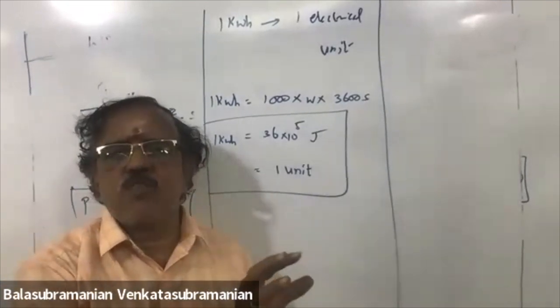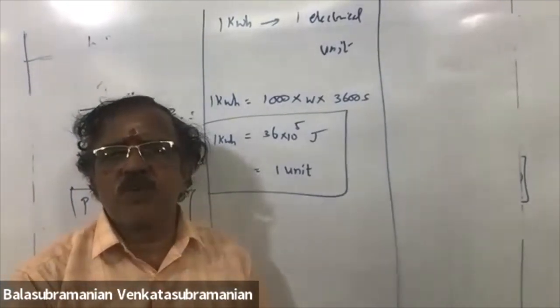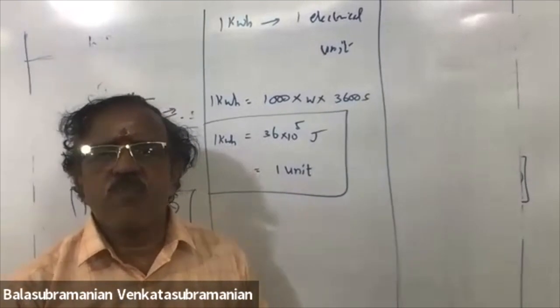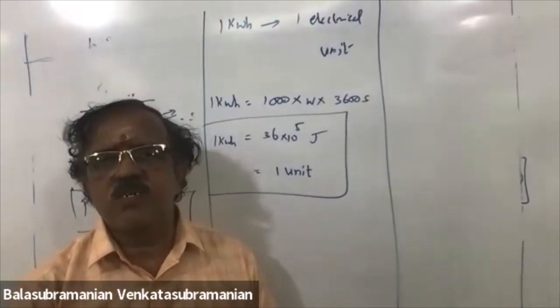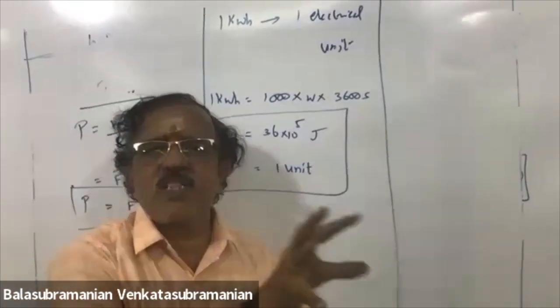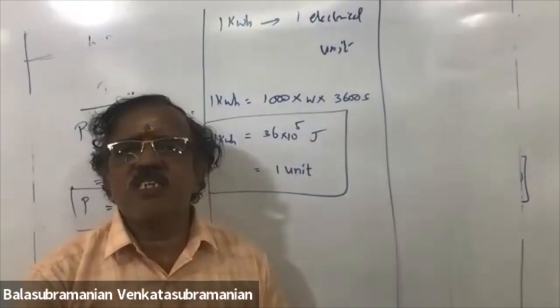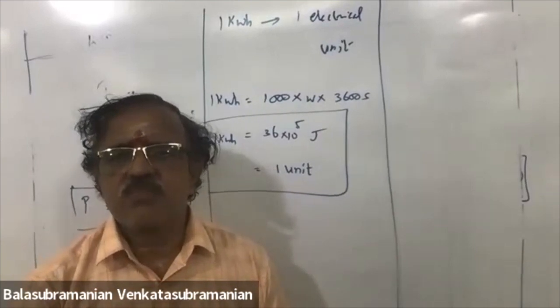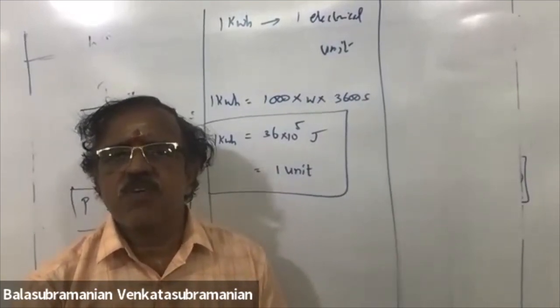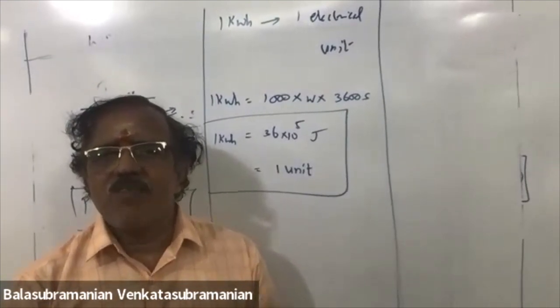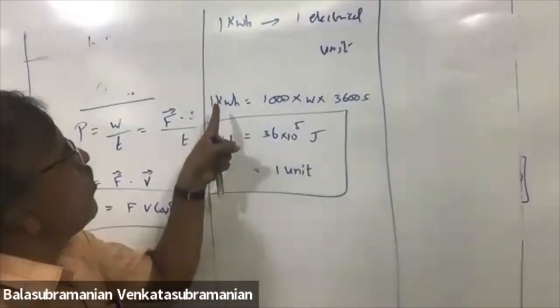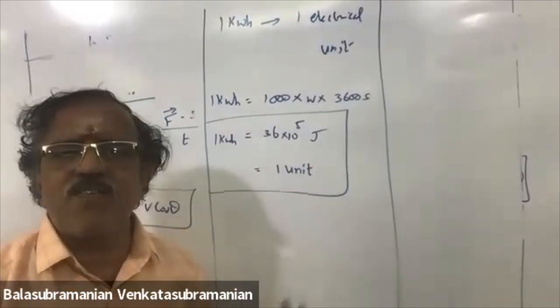Any bulb or tube light is given, say 60 watts bulb, 40 watts bulb, energizer 9 watts, 12 watts, 25 watts. If it is burning for this much time, what is the power consumed? We have discussed in the first part. Convert everything into 1 kilowatt hour. That 1000 watt hour means 1 unit.